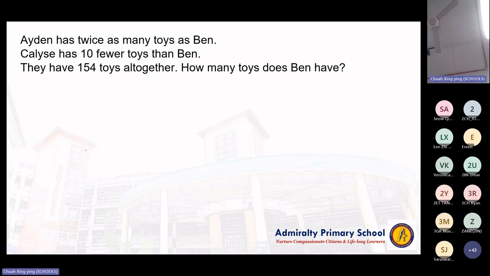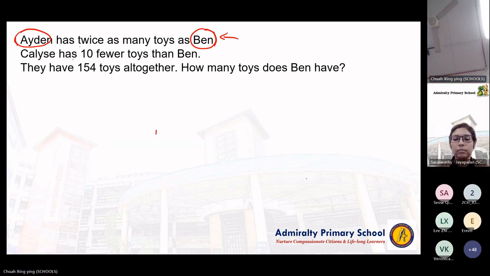Let's look at the first sentence. Aiden has twice as many toys as Ben. This is a comparison model where we are comparing between Aiden and Ben. Before our children move on to the next sentence, do speak to them first. What is the meaning of twice?